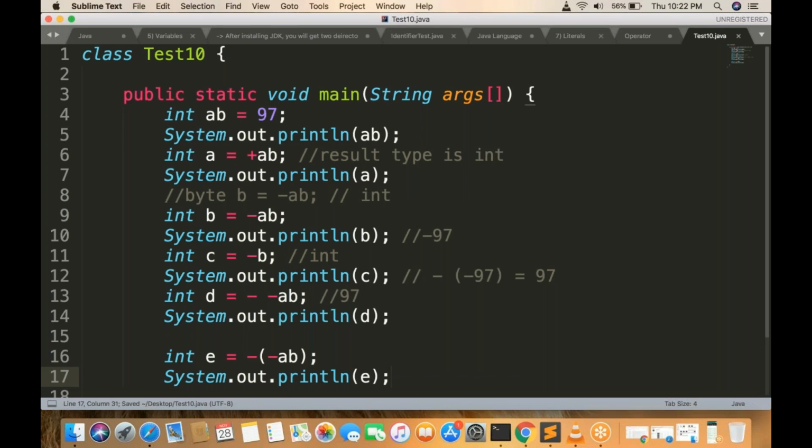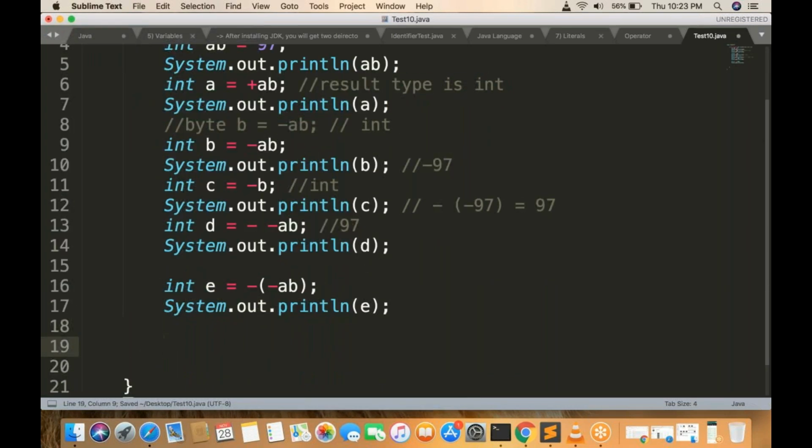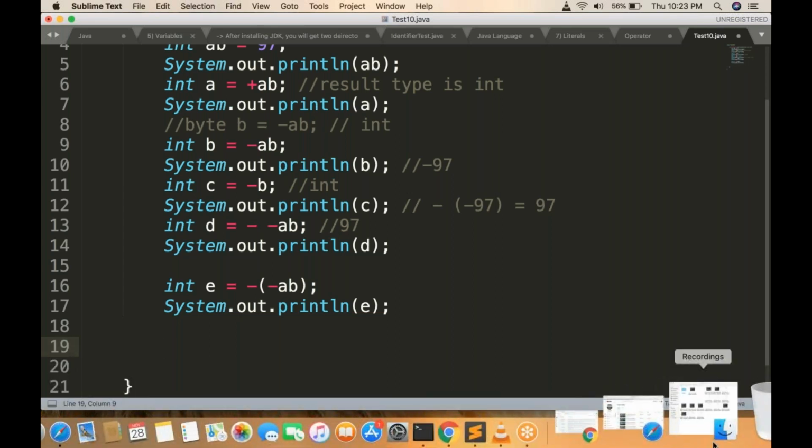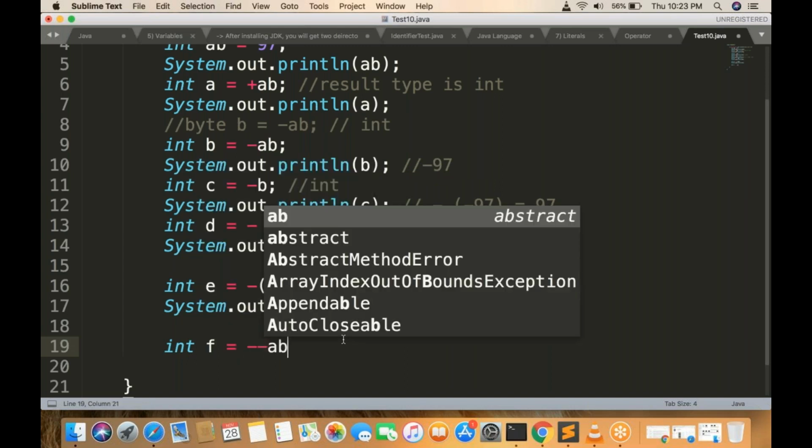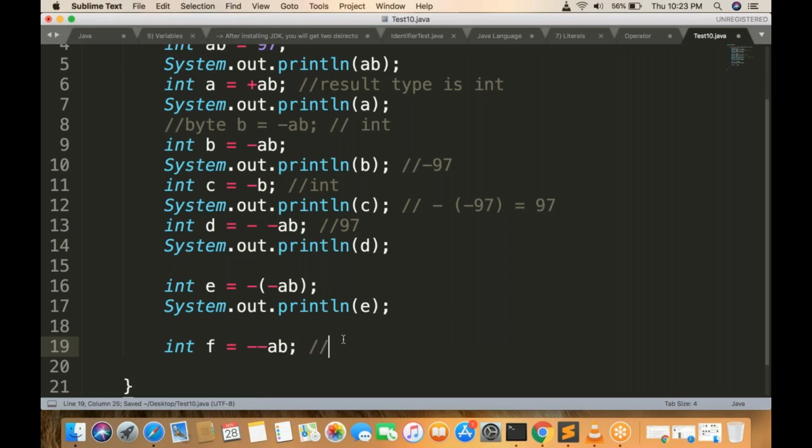Yes, it will print again 97 only. If I write int f is equal to minus AB, then what will it print?